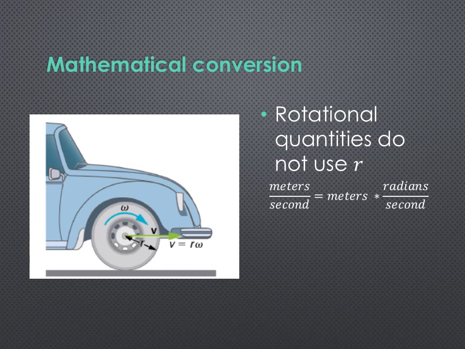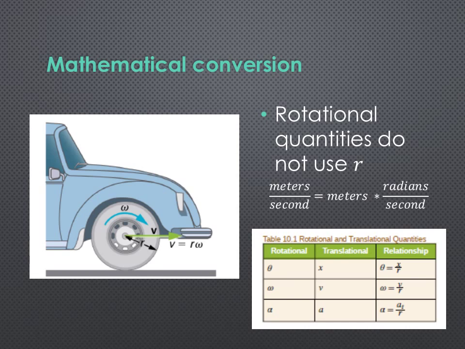The radians are in there, they don't cancel out, you're just going to have to kind of twist your head around it. Here's a table out of OpenStax with a summary of how these work. The subscript on the A in the bottom right is a T for the tangential acceleration.